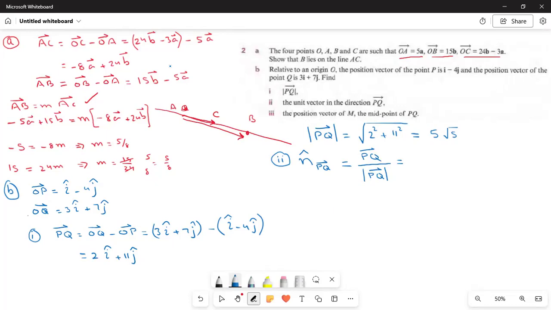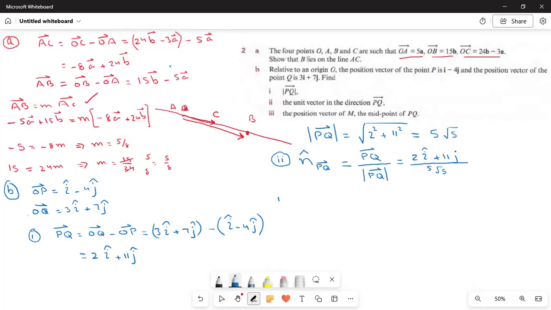So vector PQ was 2I plus 11J divided by 5 root 5. So this is a unit vector in this direction.